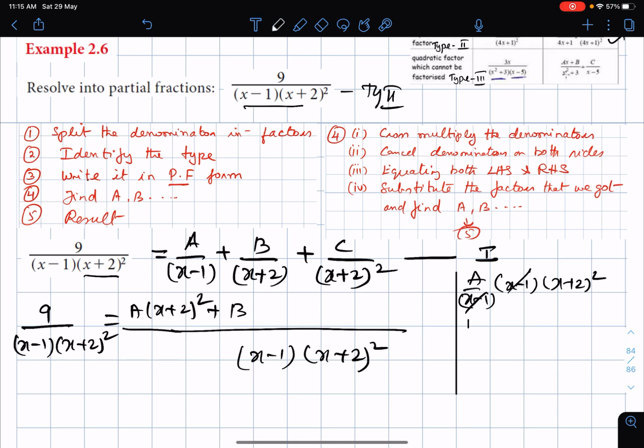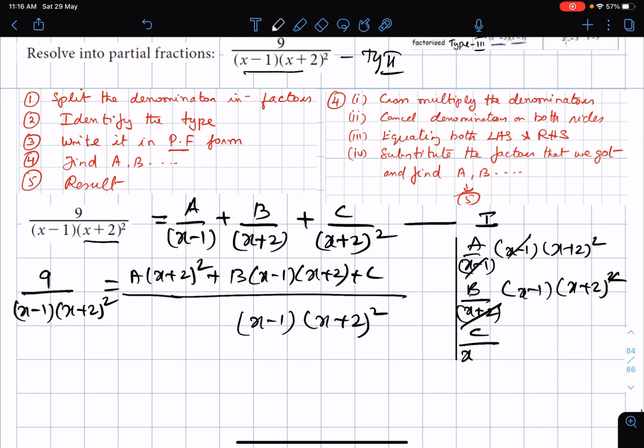Next for b by (x plus 2) into our LCM (x minus 1) into (x plus 2) power 2, one power gets cancelled, one remains, so b into (x minus 1) into (x plus 2) one time. Then plus c, similarly c by (x plus 2) the whole square into (x minus 1) into (x plus 2) the whole square gets cancelled, so you will get (x minus 1) alone.